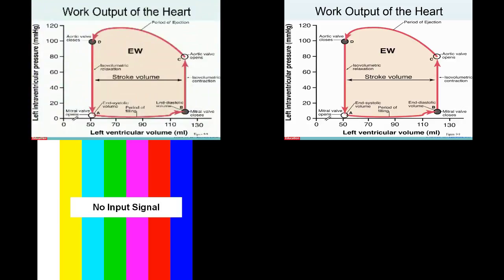If you put it all together like this, from your end diastolic volume here at B to your end systolic volume here at D is your stroke volume. That's how much was ejected from this left ventricle during one contraction.